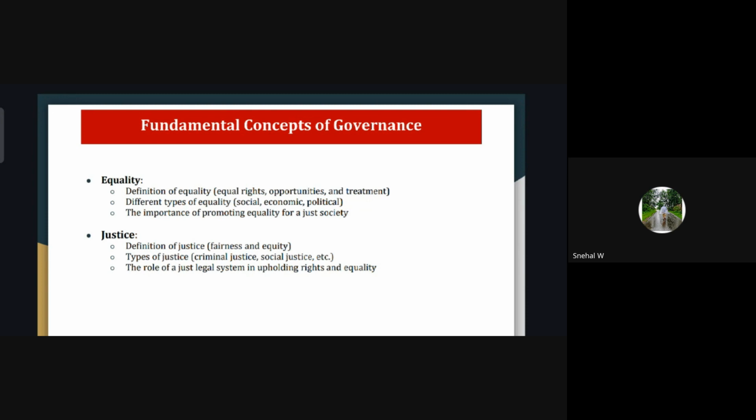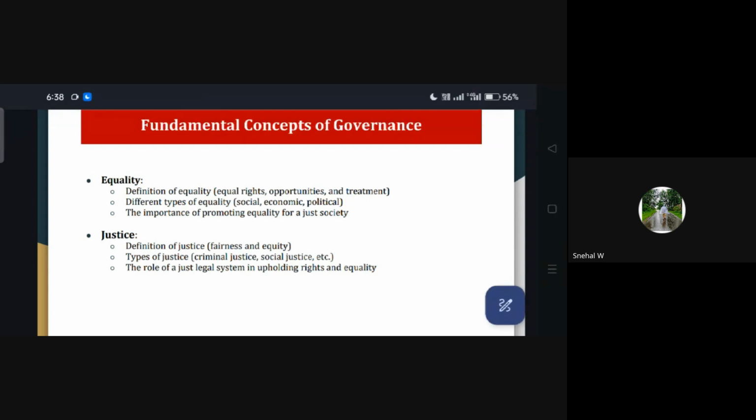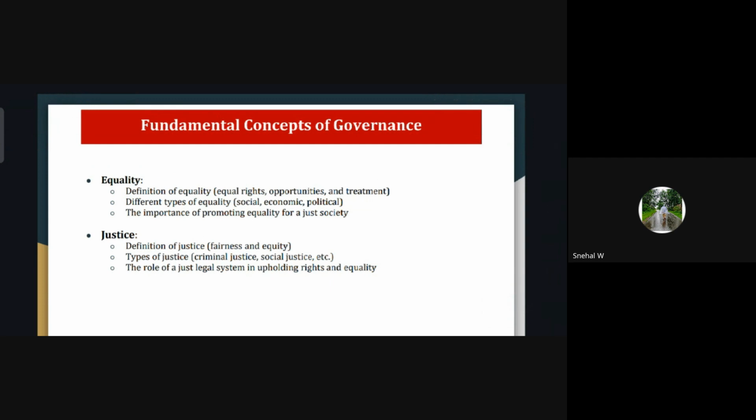Many times we have a different notion of justice, that whatever we get in the judiciary is the only justice. Yes, of course, that is also justice, but the concept of justice is broad enough. It is not a small one. So simply, whatever is right, that rightness shall be done. Okay.